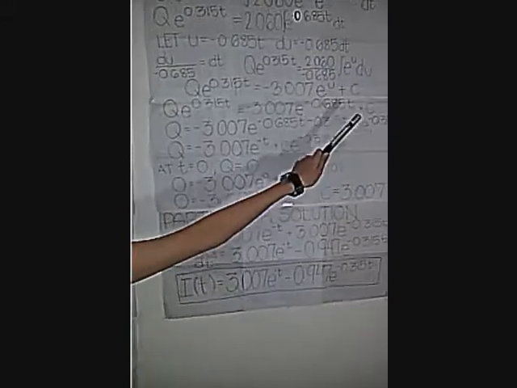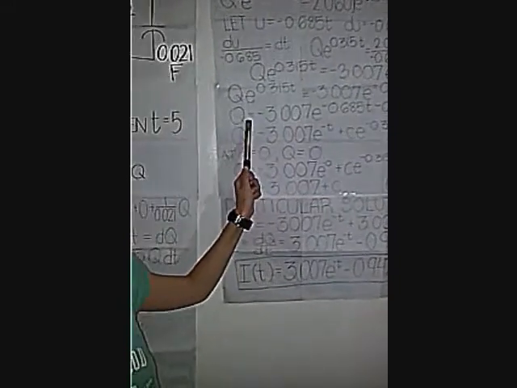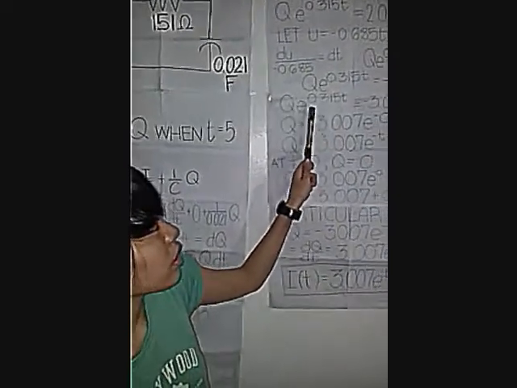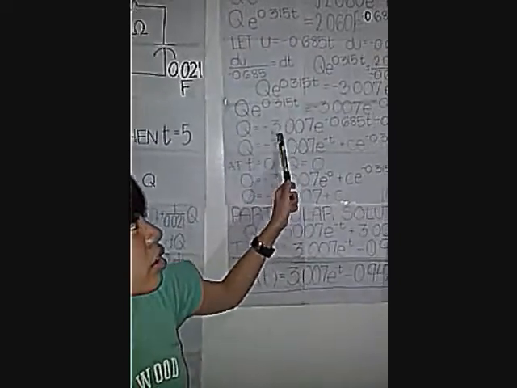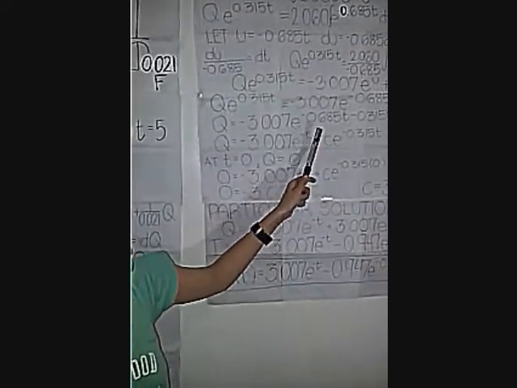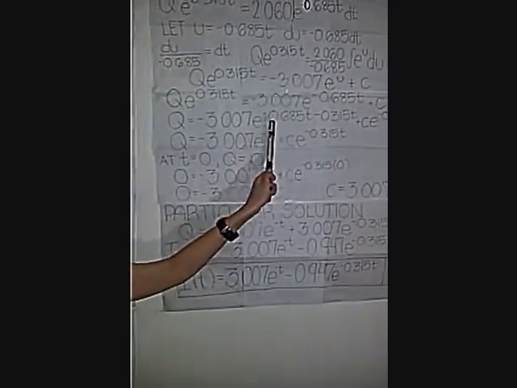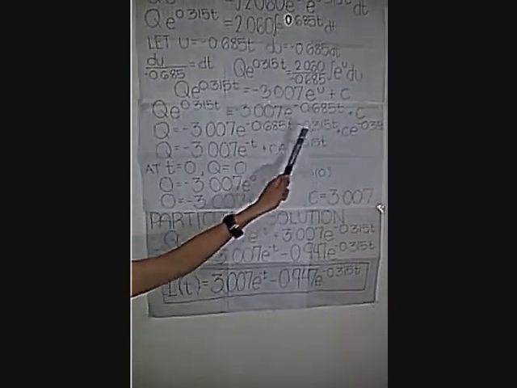This results to the equation, and transposing the left-hand side e to the 0.315 t to the right-hand side, the two e's of the first term will cancel, leaving minus 2 e to the negative t.